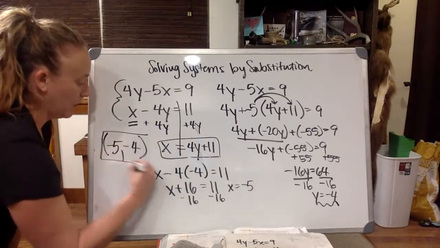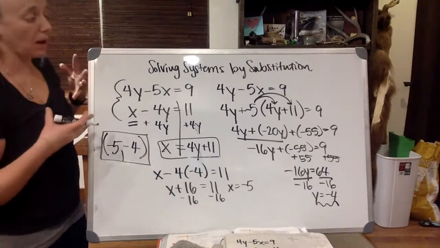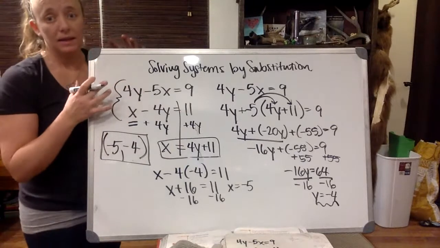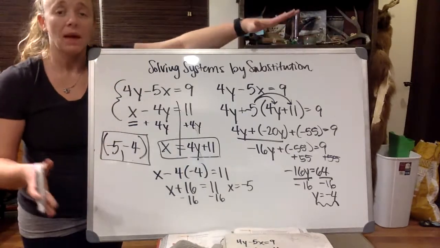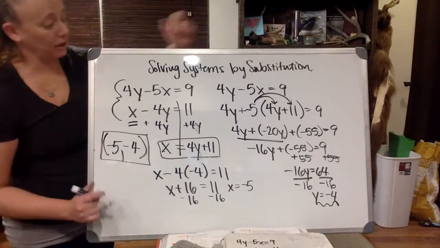Now I'm done-ish. Now I really need to check my work, make sure that I have an ordered pair that truly matches this system. Because this was an intense problem, and it's something that you totally will need to be able to do as an algebra student.